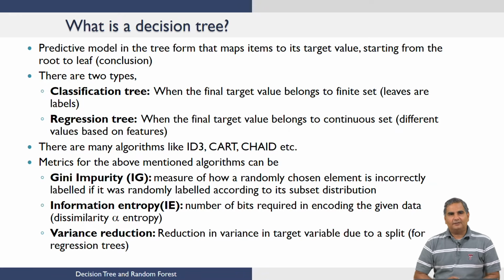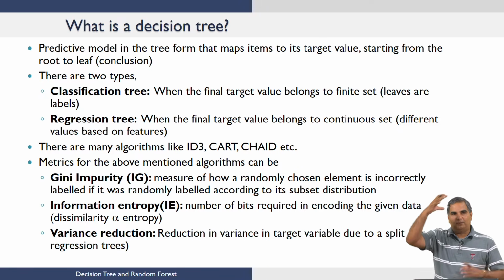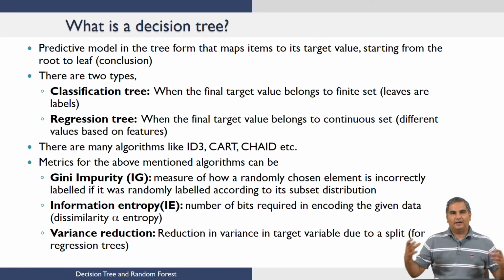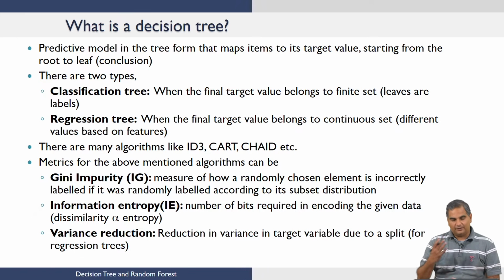These metrics, we will talk about them in more detail as we go along. These metrics basically allow you to unravel the tree, so to speak. So, if you think about a decision tree as a tree with some top node, and then there are multiple nodes that are being unraveled and formed, there must be some logical procedure for this unraveling and making this tree from data.